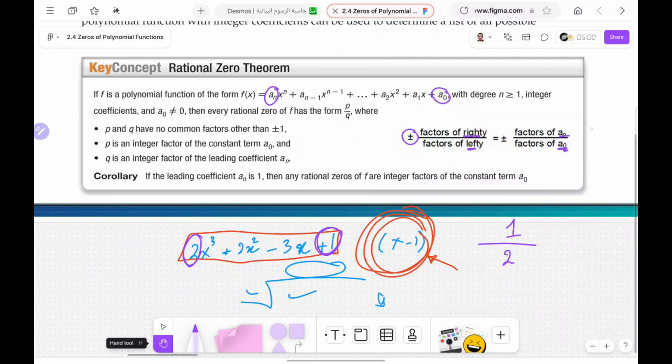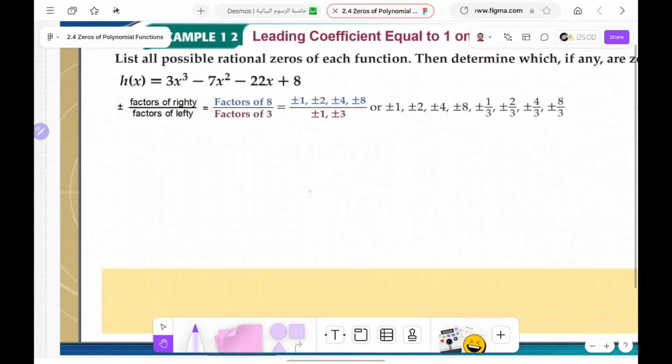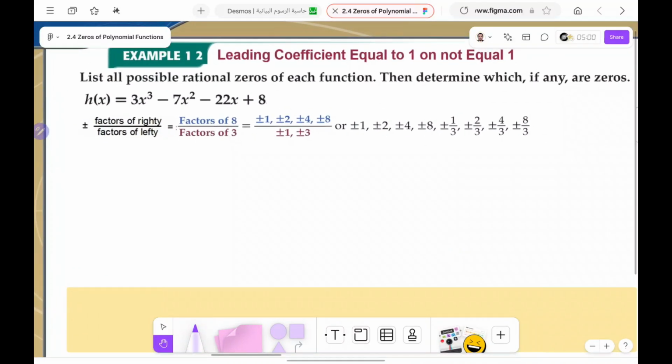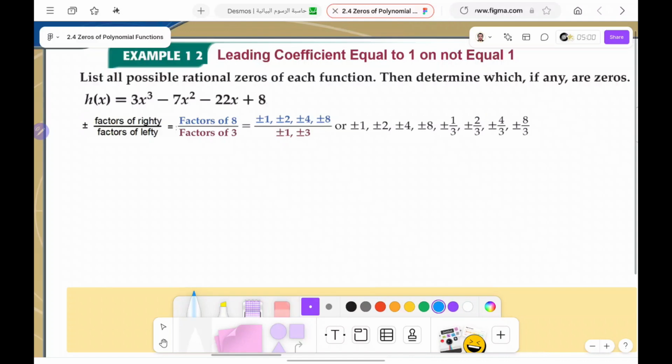Now let's take this example to understand what I'm talking about. List all possible rational zeros of each function, then determine if any are zeros. First, look at the question: factors of the right-hand term, which is 8, over factors of the left-hand term, which is 3.